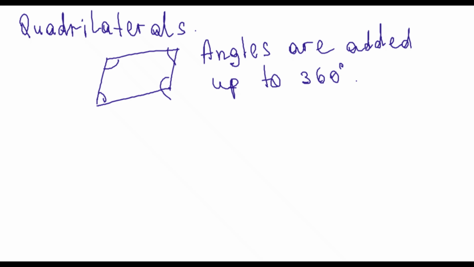If you remember, last time we talked about triangle and we said that the interior angles of triangle are added up to 180. But in quadrilateral, they are added up to 360 degrees. Now, let us see how can we classify quadrilaterals.